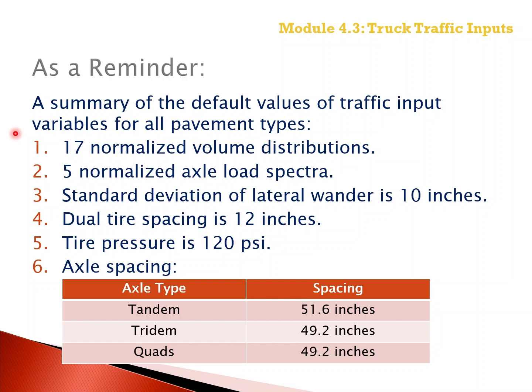The tire pressure is 120 psi, and these were all used as default values in most of the global calibrations that were done for the distress prediction transfer functions. And then the axle spacing for tandem, tridem, and quads.